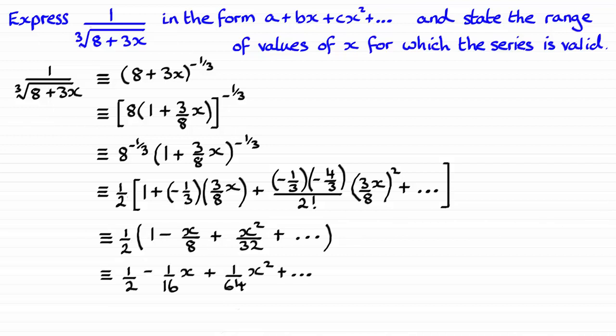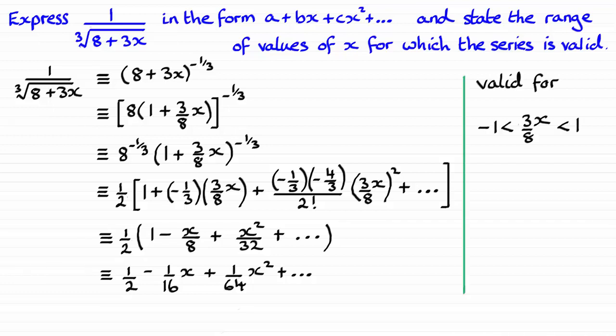Next, we need to work out the range of values of x for which the series is valid. And we have to look at the expansion of this bracket here, where it had the form 1 plus a to the power n, a being the 3/8 x, and it's that value that we need to have between minus 1 and 1. So if we write that down, we've got 3x over 8 lies between minus 1 and 1.